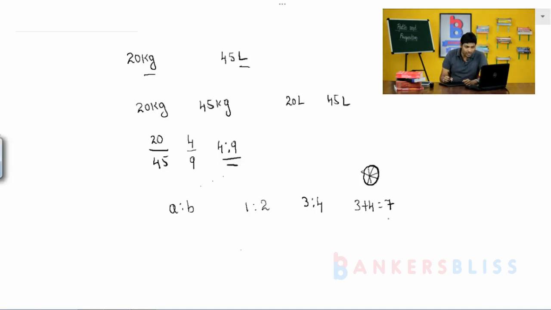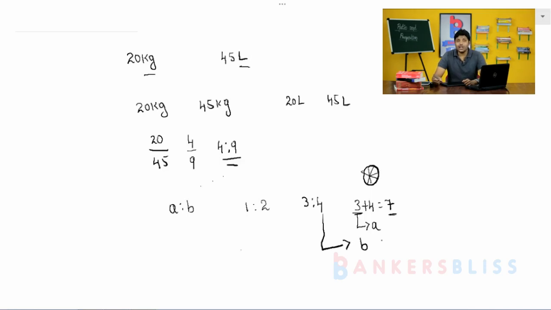Out of these 7 parts, 3 parts belong to A and 4 parts belong to B. So, very simple: out of the 7 parts, 3 parts belong to A and 4 parts belong to B. So, 3:4 is the ratio. Sometimes they are going to ask you to calculate the ratio.